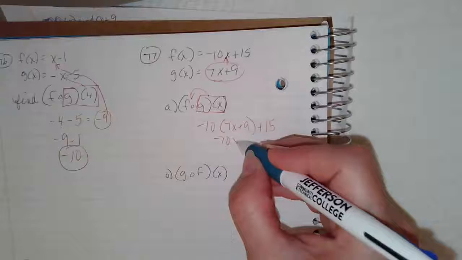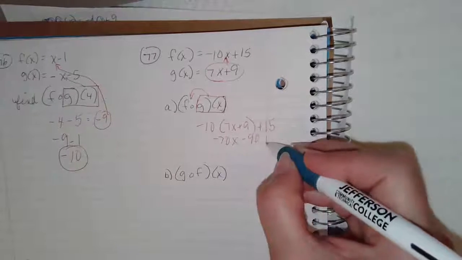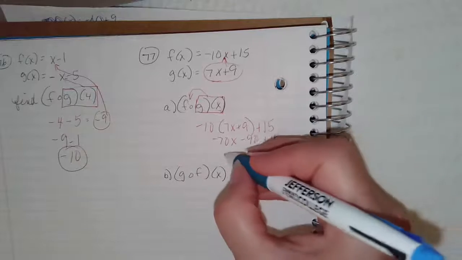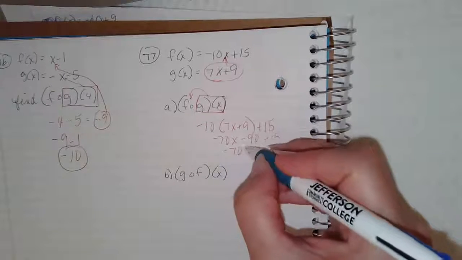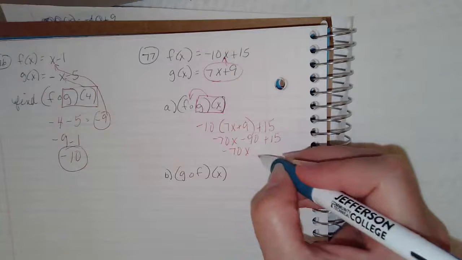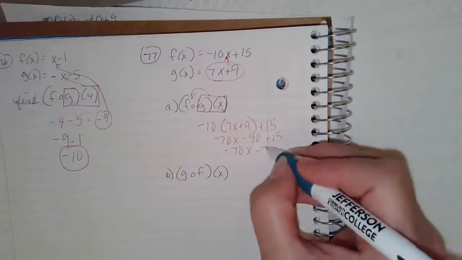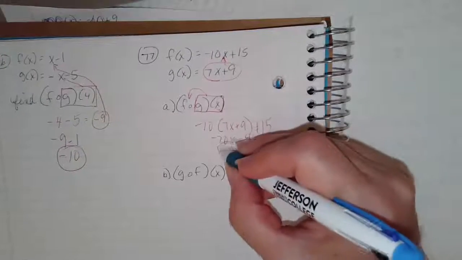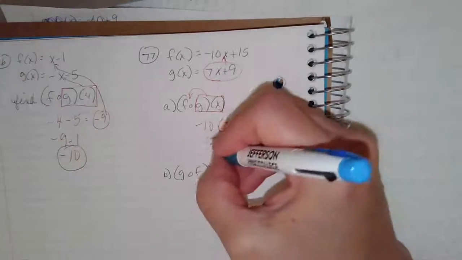Always simplify, if you can. We should. Like reducing a fraction, you should always just do the best form. So we can reduce that. Negative 90 and 15 would be, what is that, 75? Negative 75. That's all we can do to simplify. That's our final answer. Okay.